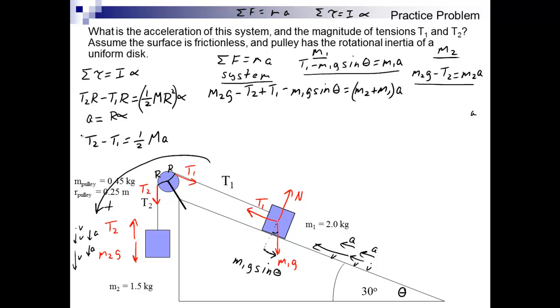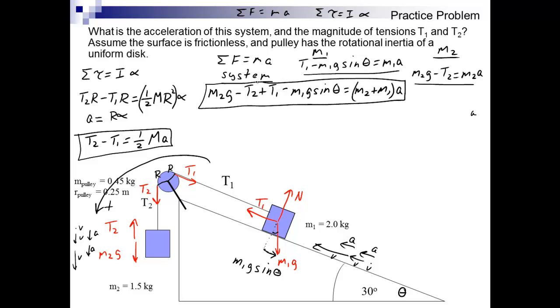So for the time being, we're going to look at Newton's second law, the expanded version for the torques, and Newton's second law for the translational forces, but as an entire system. So I'm going to combine this equation, T2 minus T1, and plug it into there, because this is T2 plus T1, and that will make this negative 1/2 MA when I plug it into the equation.